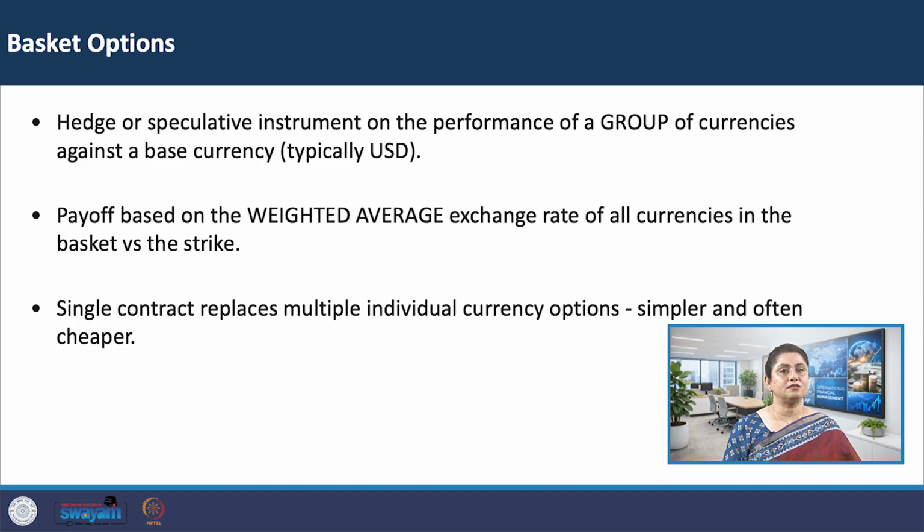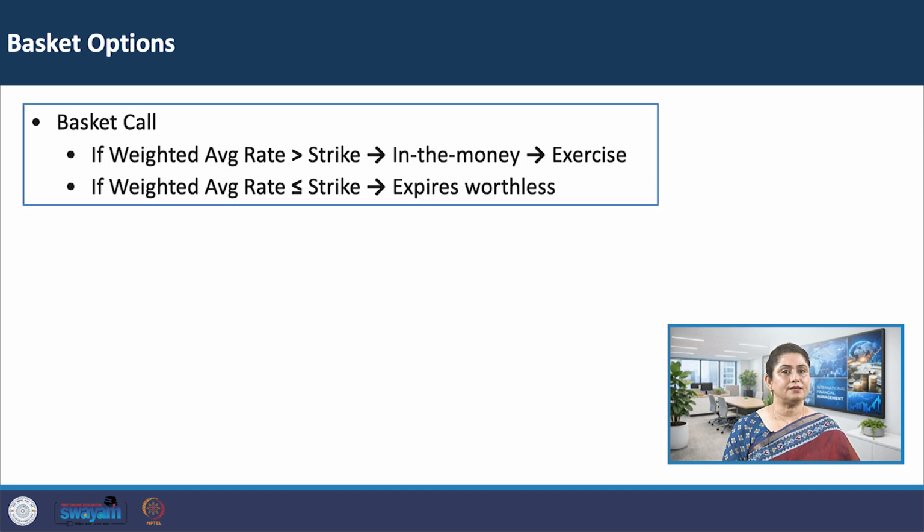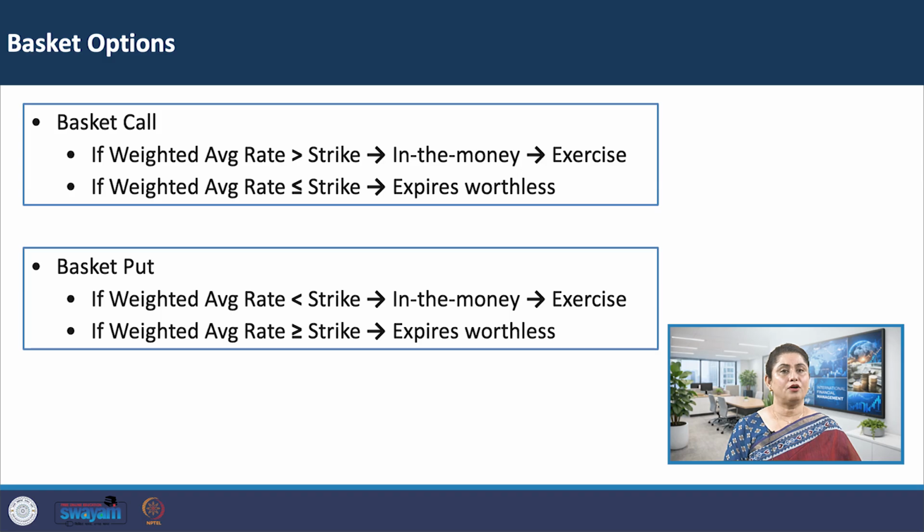The payoff is based on the collective weighted average performance of all currencies in the basket against the base currency, typically the US dollar. At expiry for a basket call, if the weighted average exchange rate of the basket exceeds the strike price, the option is exercised. For a basket put, if the weighted average drops below the strike price, the option is exercised.